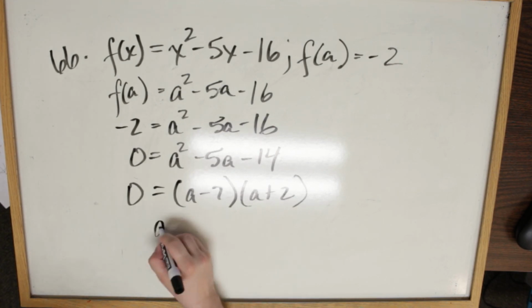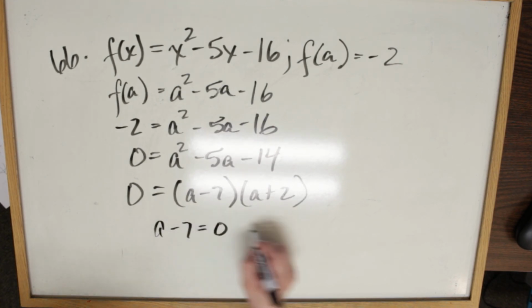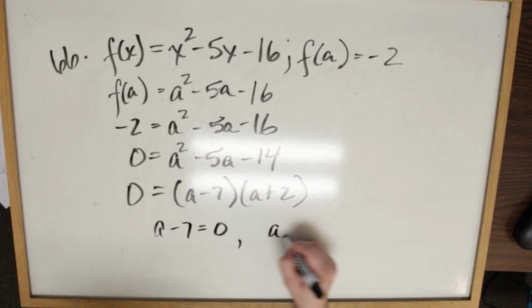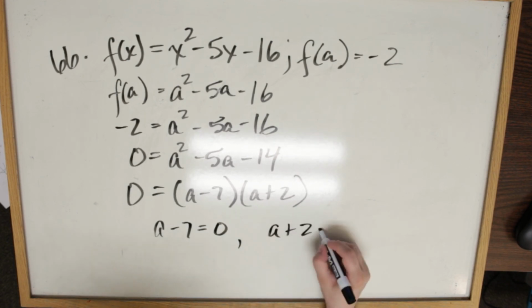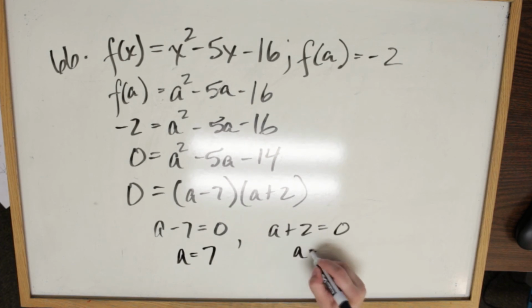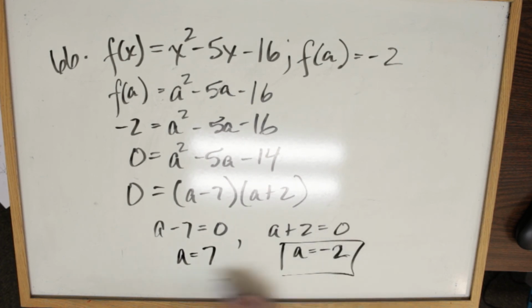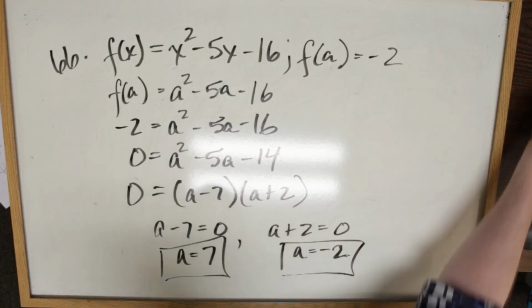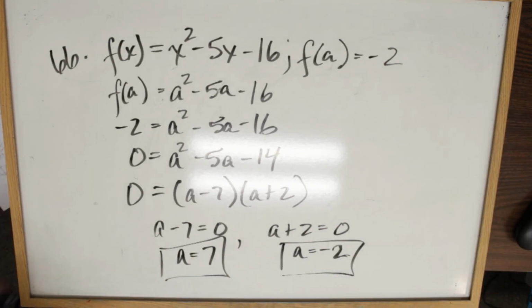And when I set these both individually equal to 0, again, if you're like, dude, you're going way too fast, just slow this thing down or go through it a couple times because I just do not want to make this video way too long. A is equal to 7 and a is equal to negative 2. Okay? So these are the values that we get. So that's 66. All right.